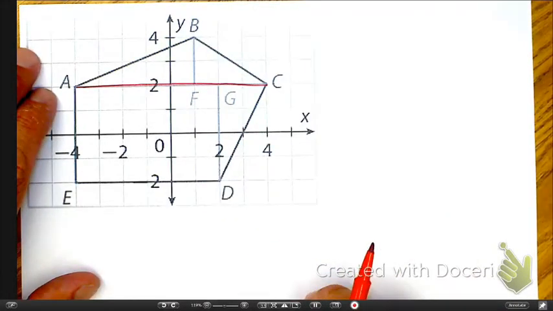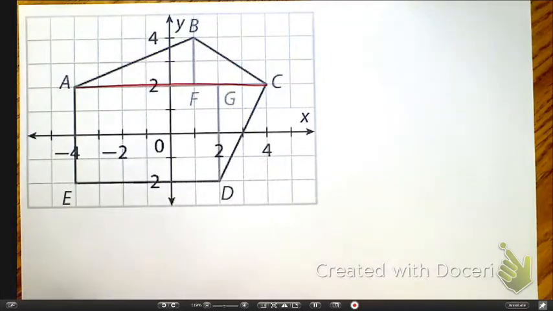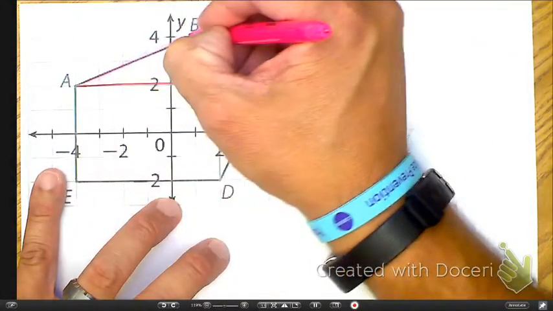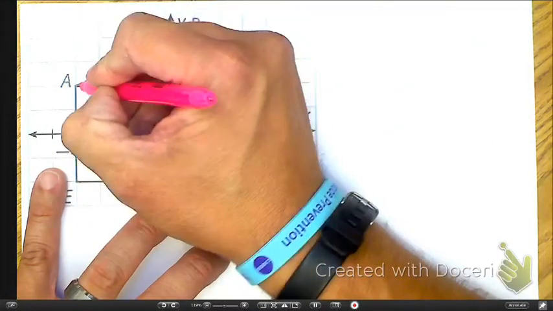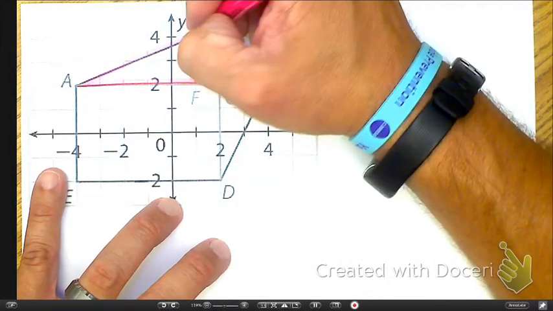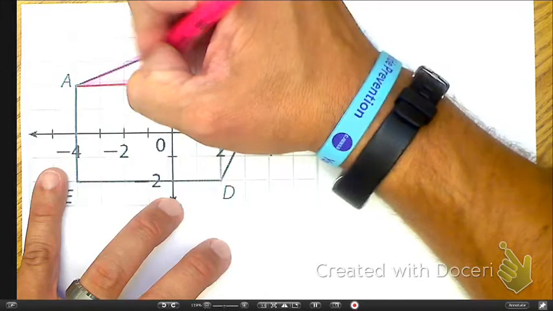If I use that cut across segment AC, I've now created a triangle, ABC, that is fairly easy and simple. We know how to find the area of that triangle.